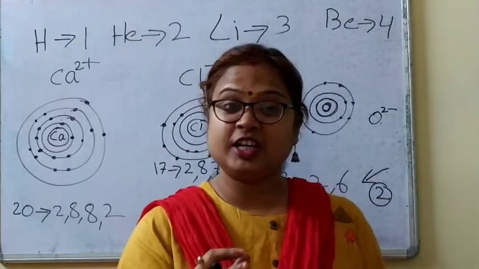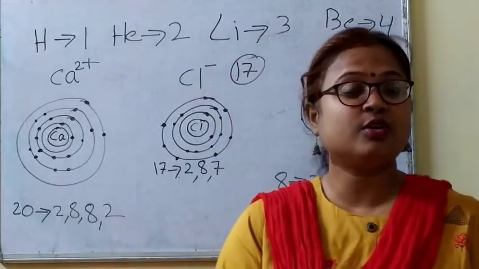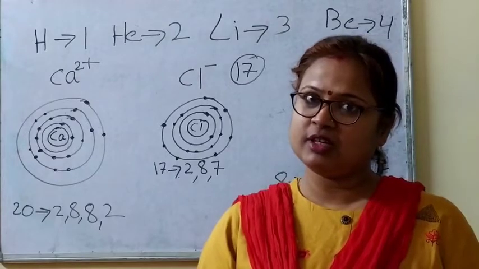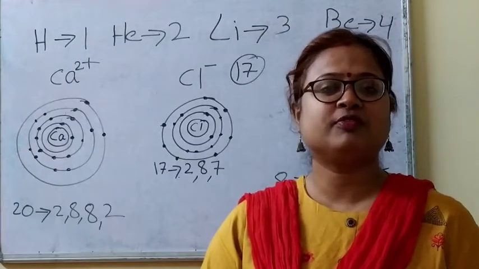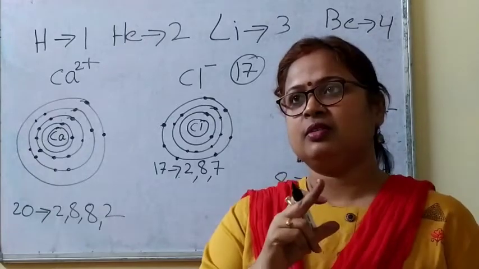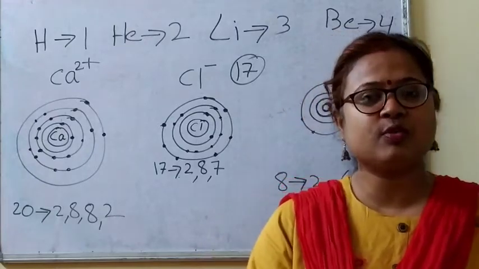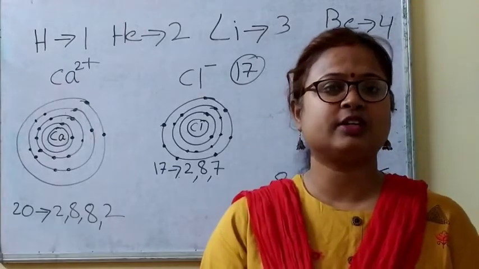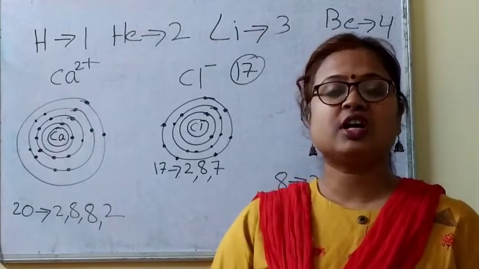Again, calcium has 2 options. Either to give 2 electrons or to take how many? 6 electrons. And which one will calcium prefer? Calcium prefers to give 2 electrons. So that is why the valency of calcium is 2. Clear? And calcium giving 2 electrons means what charge will develop?